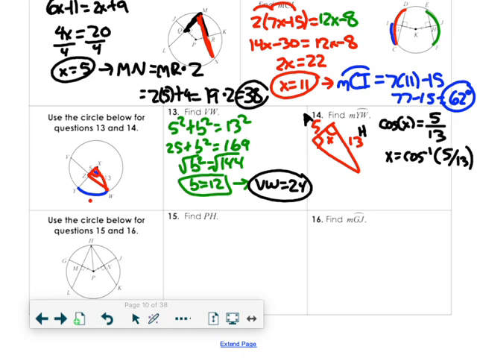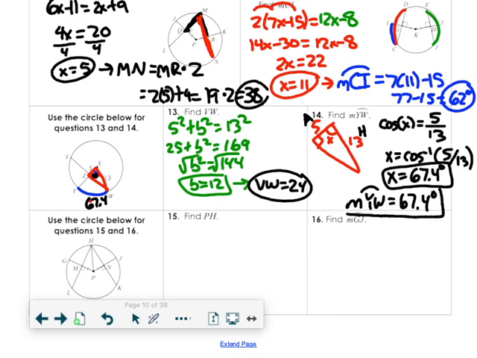That's calculator work. Make sure that you are in degree mode, not radians. 67.4 is what comes out of that. If it's 67.4 here in the middle, it's 67.4 here on the outside. So that's going to be the measure of the arc that I need. The measure of arc YW equals 67.4 degrees.